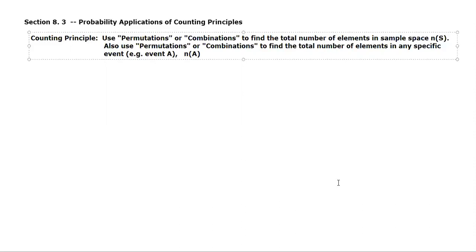Then we started to encounter problems where the sample space or the event has too many elements to write out, so we cannot do that anymore. That's why we just count it. We use the counting principle. We ask how many elements we have in a sample space. So the counting principle is that we use either a permutation or a combination to find the total numbers.